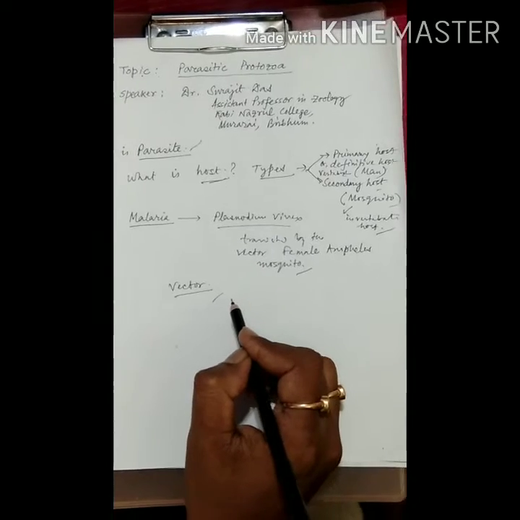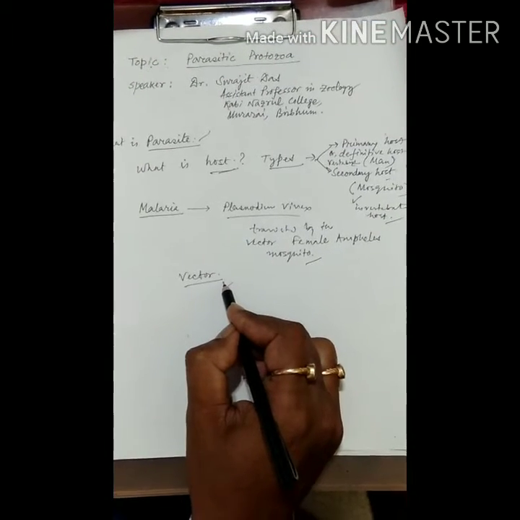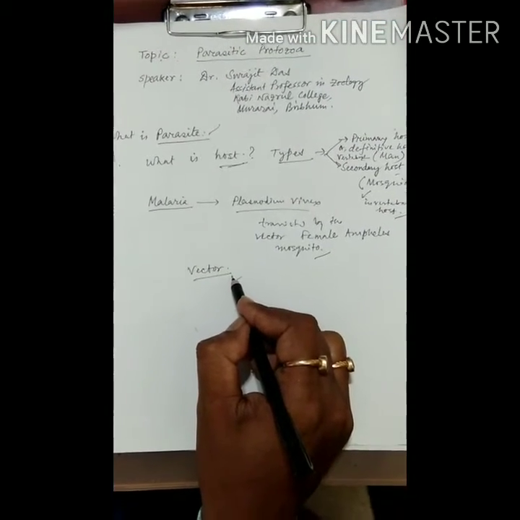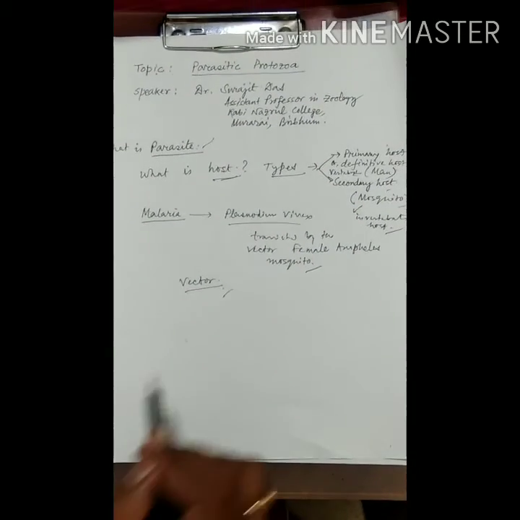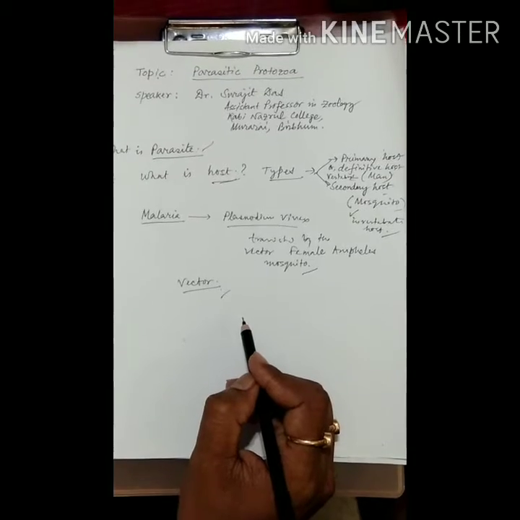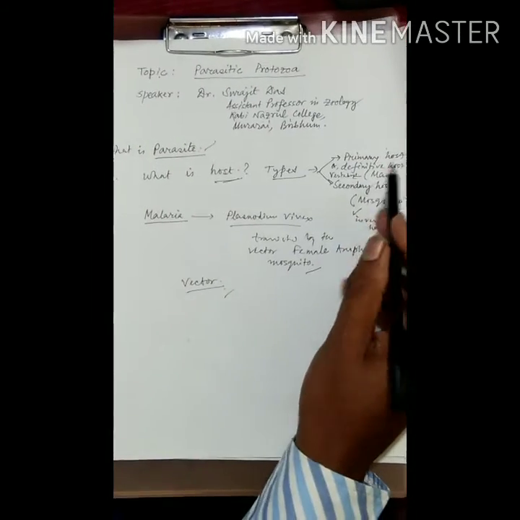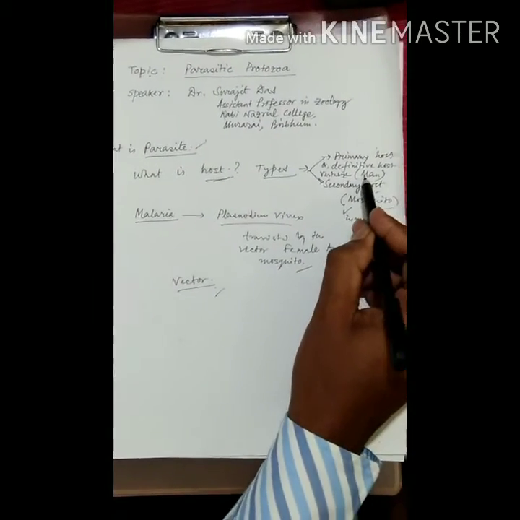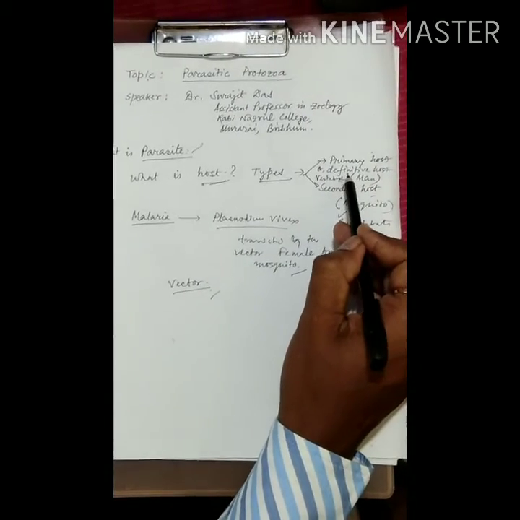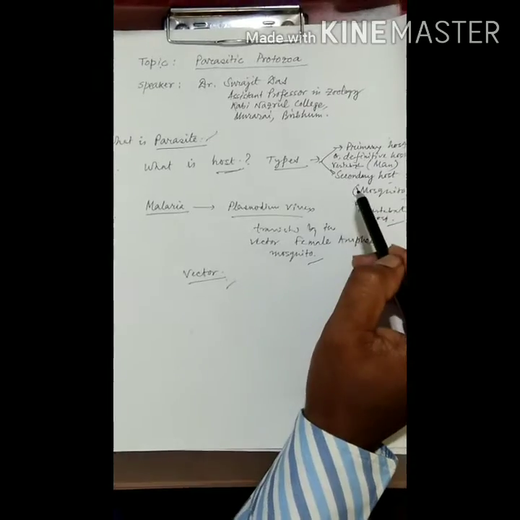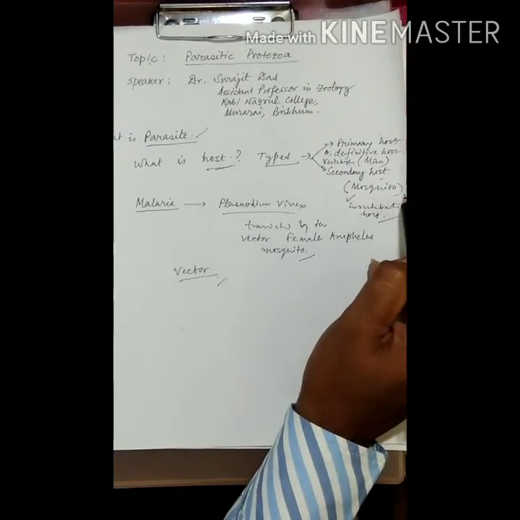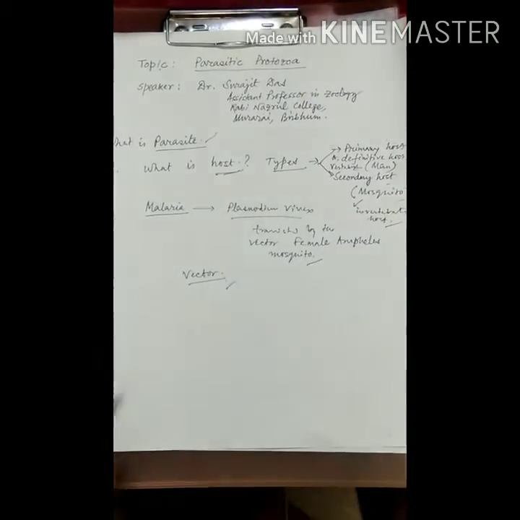The female Anopheles mosquito is a vector of the disease malaria, which is caused by the pathogen Plasmodium species. Here, man is called the definitive host. Why? According to Cheng, sexual maturity is attained in man, so man is called a definitive host. The mosquito is the secondary host.